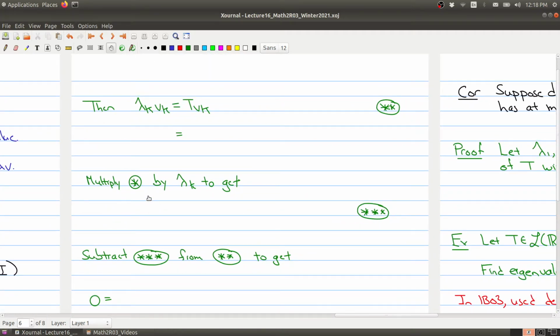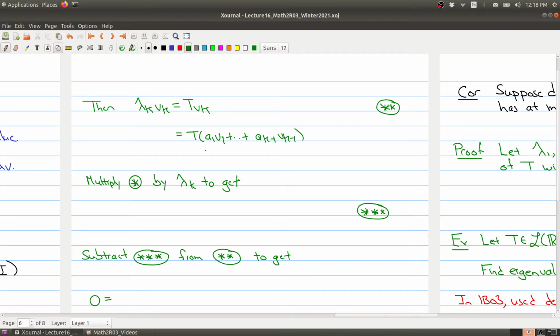At the same time, what do we know? We know that lambda k times vk is equal to T evaluated at vk, because vk is an eigenvector. So we can replace vk with what we know from the previous line. So this is equal to T of a1 v1 up to a(k-1) v(k-1).